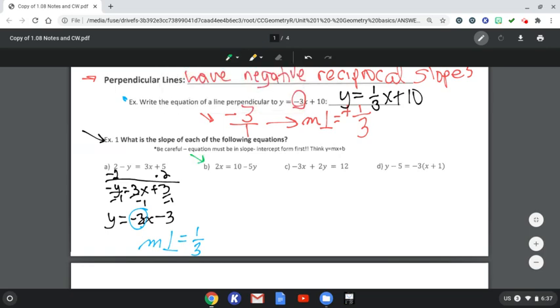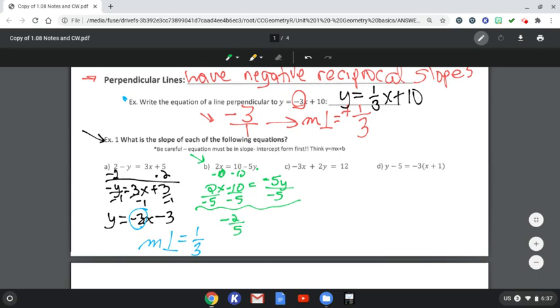Looking at exercise B. 2x equals 10 minus 5y. Now I'm going to reverse operations to get this y to stand alone. So we can subtract 10 from both sides. And we get 2x minus 10 equals -5y. And we divide by a -5. So our final equation says -2/5.